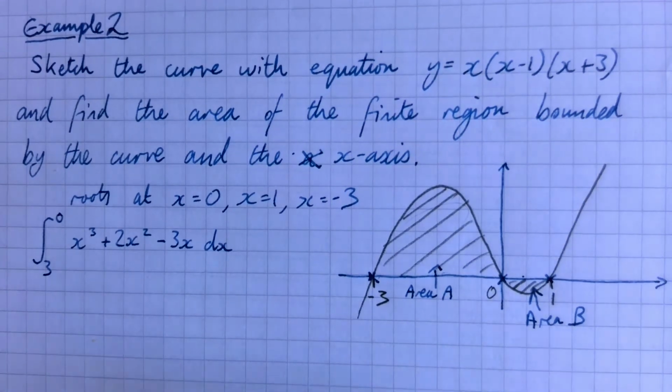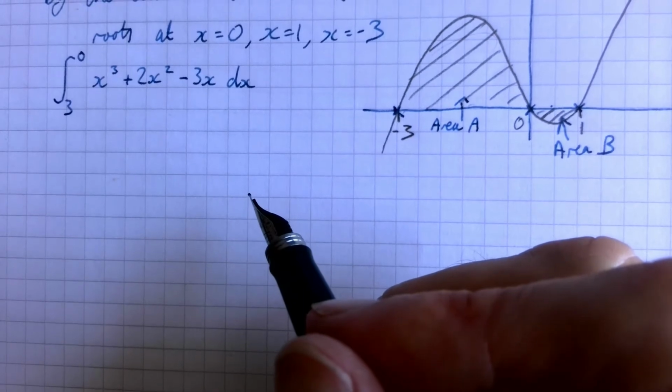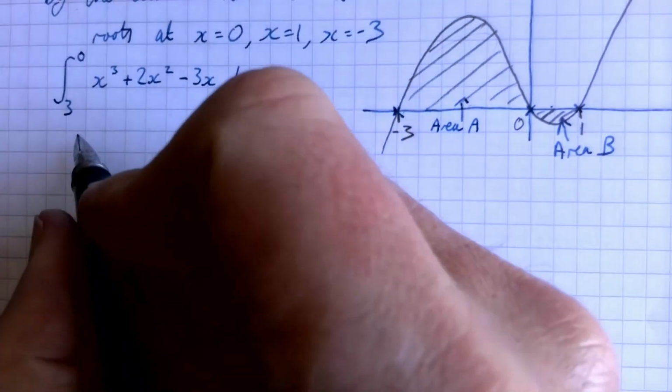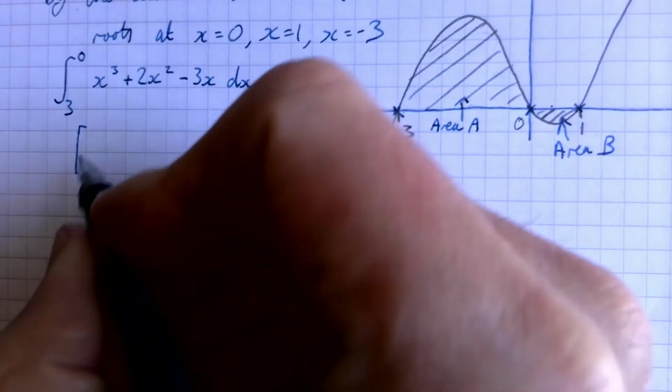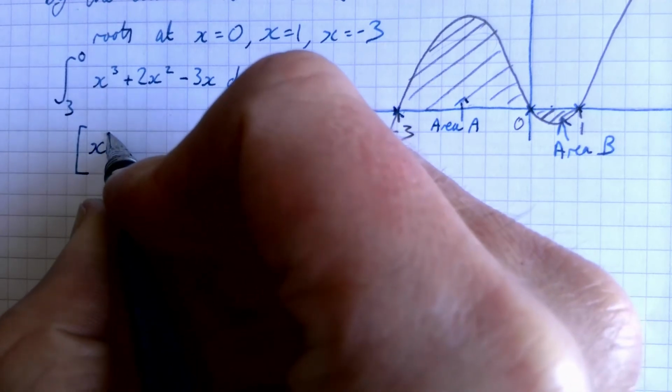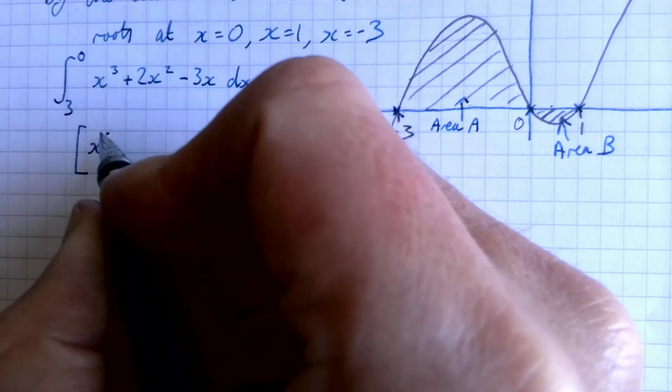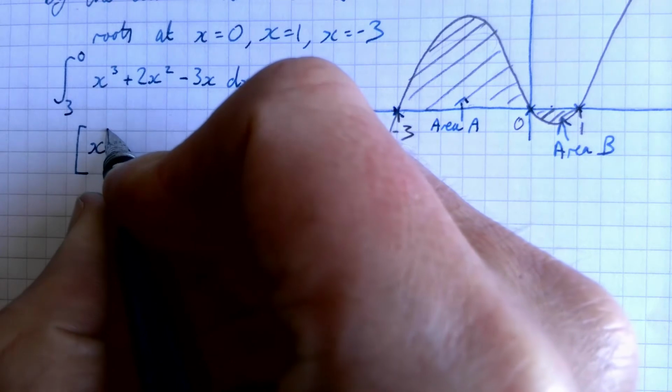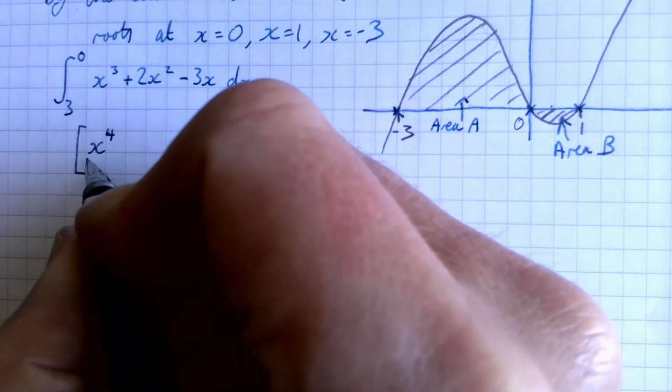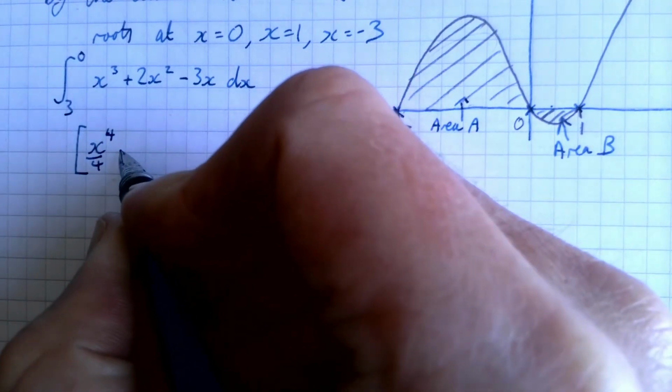Okay, and then you need to break out the square bracket, and we're saying we are going to be integrating that, so it will go up to x to the 4, so that's over 4.